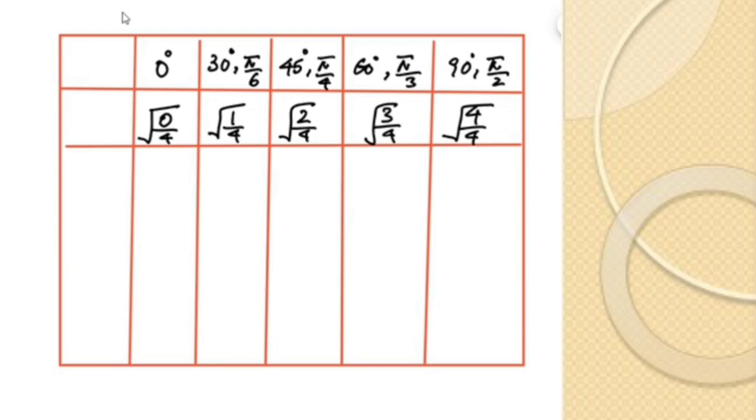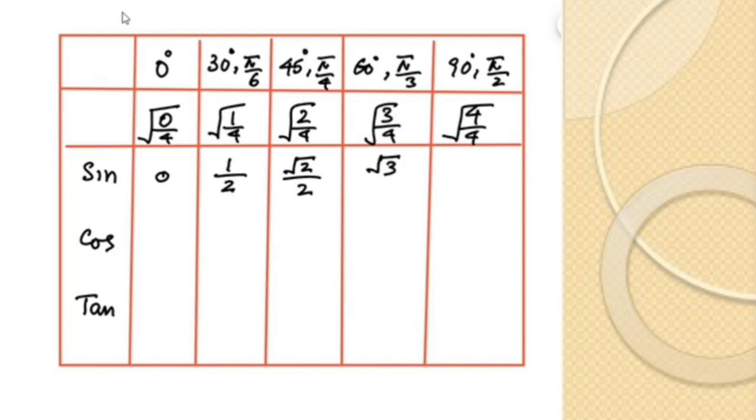Now I will write sine, cos and tan. When we divide 0 by 4, the answer would be 0. So square root of 0 would be 0. Square root of 1 would be 1. Square root of 4 would be 2. Square root of 2 written as it is and square root of 4 would become 2.